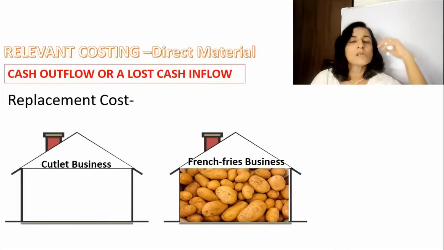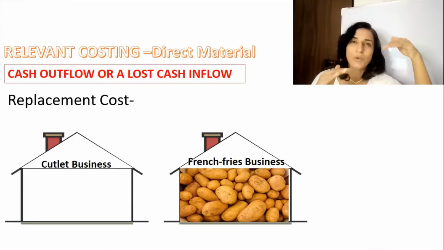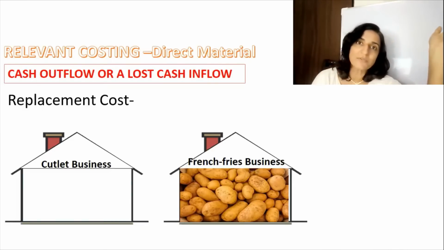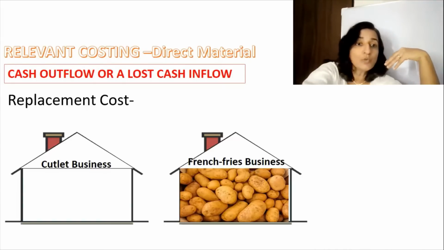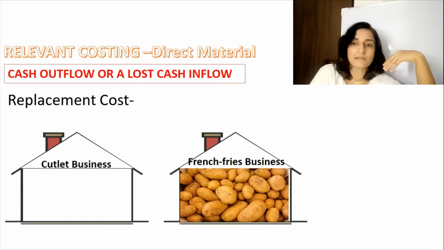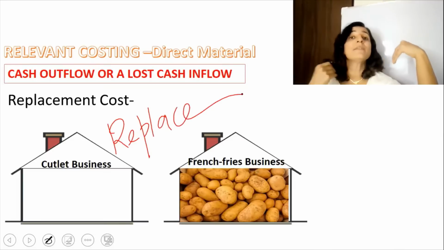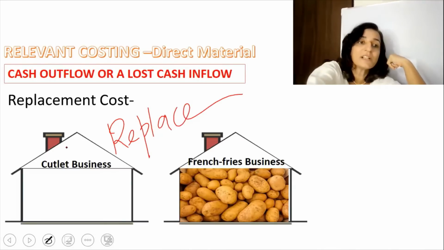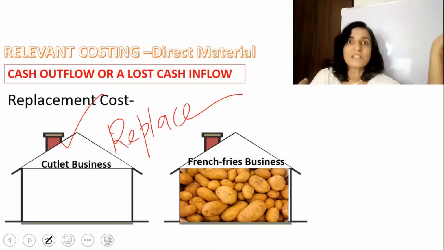Okay. So the cutlet business has to go on, which means that when you have an ongoing business, if you are transferring some raw materials from an old business to a new business, you will have to replace the raw materials for the cutlet business, or the cutlet business will stop.